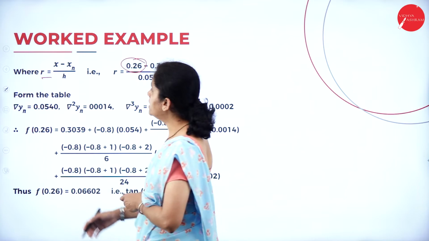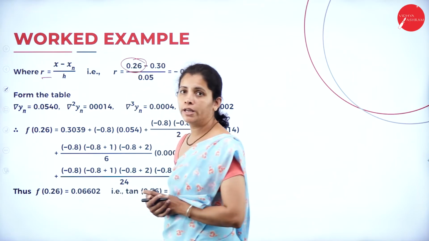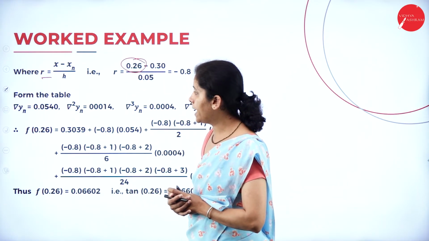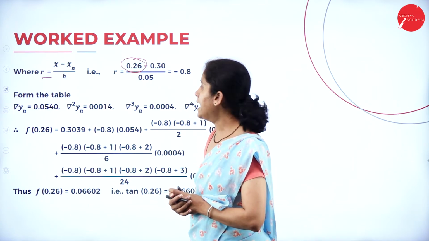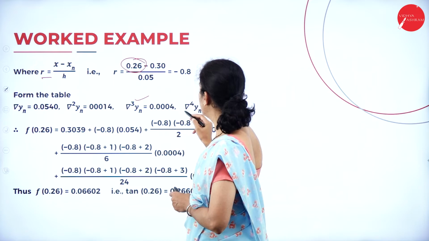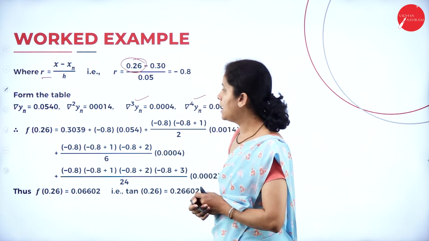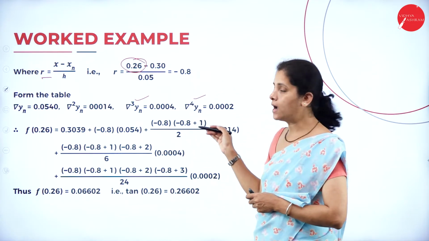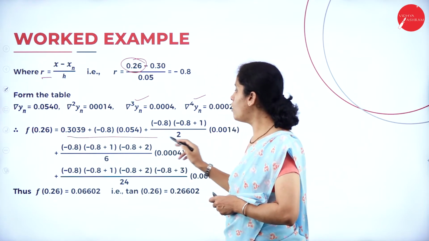Now, dear student, from the table, I'm going to get delta yn. I'm going to get yn, delta square yn, delta cube yn, and delta 4 yn. And I'm going to substitute all these values in the given formula.